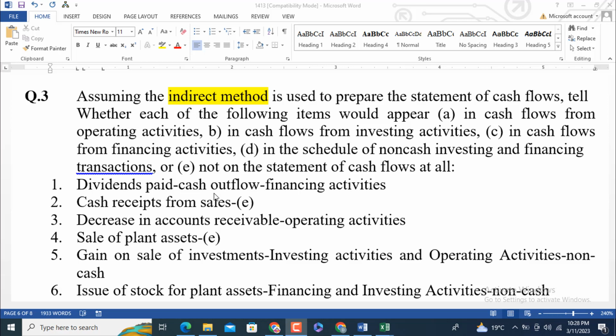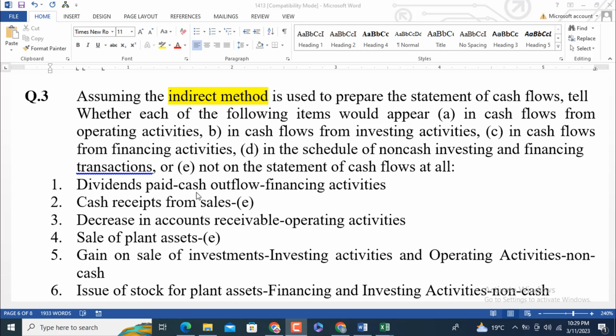As the question is about the indirect method, we keep in mind that in that method we are dealing with all non-cash expenses as adjustments and changes in cash movement or cash flow. So keeping in this scenario, we are going to assign each statement according to the characteristics described in the question number 3 narration.